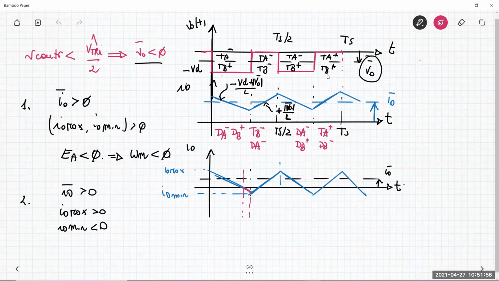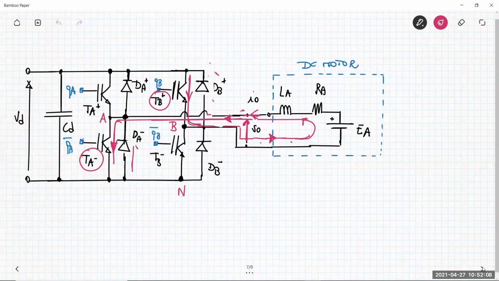TA plus and TB plus. So we are just considering the previous. Let's finish this one, and then I come back to the one that you asked for. Okay.